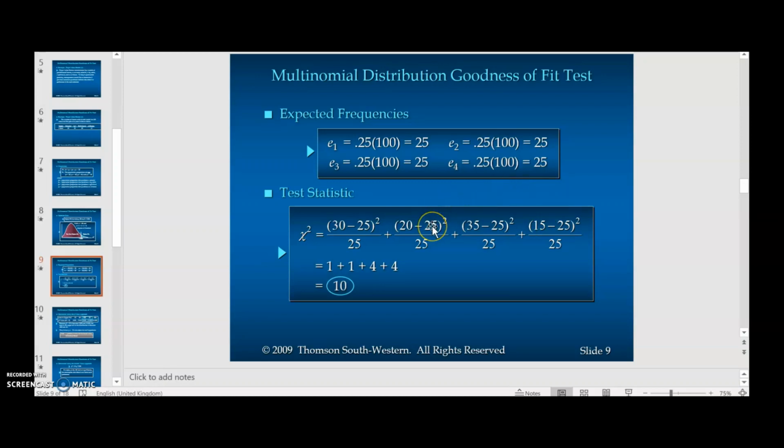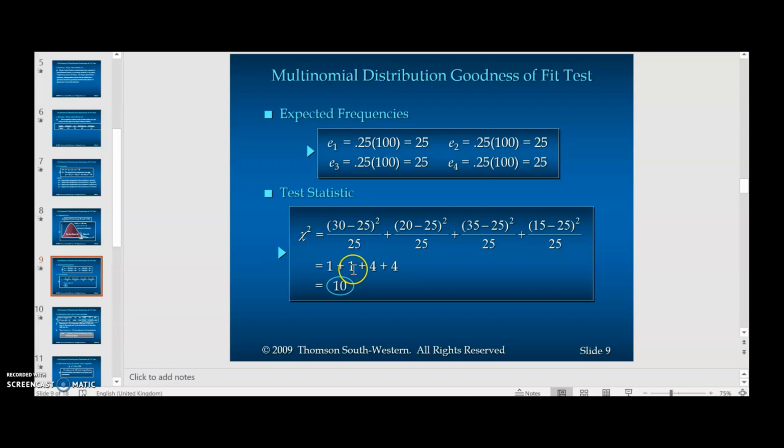So here 25 is also obtained from the expected frequency, but for the second category. This component is also obtained from the second category. And that explanation is similar for the third and the fourth categories as well.